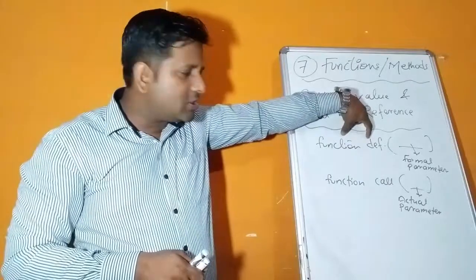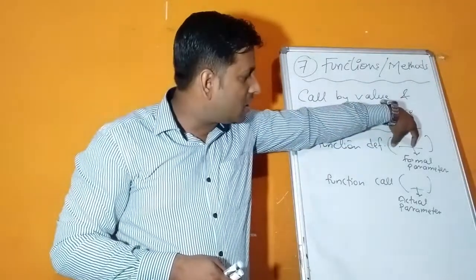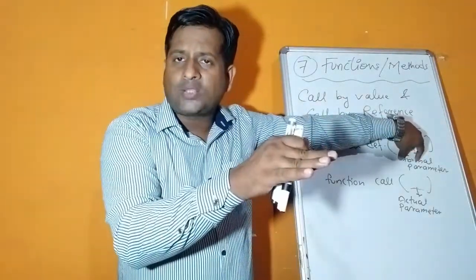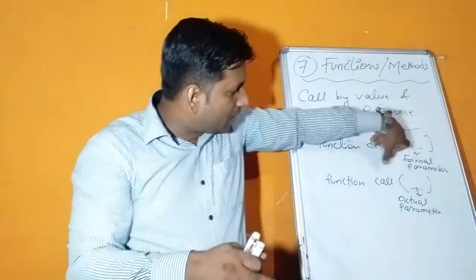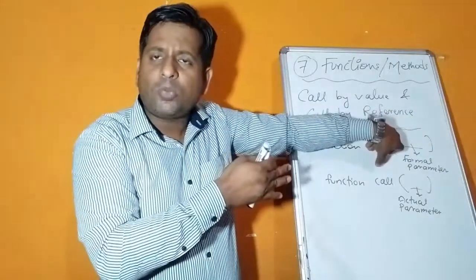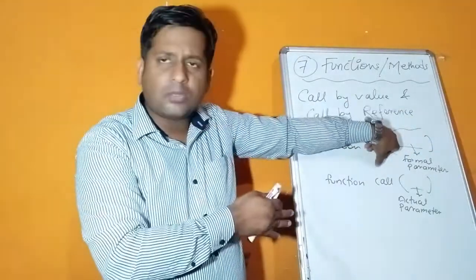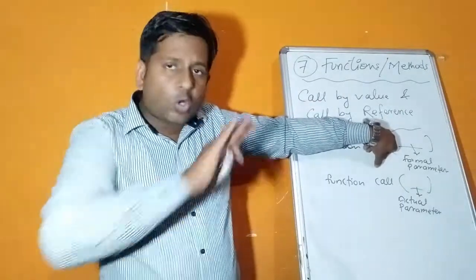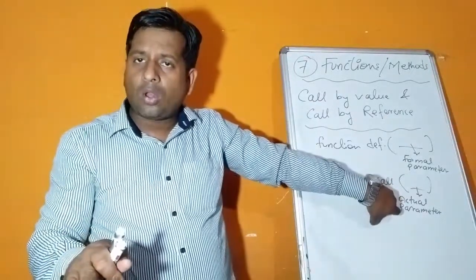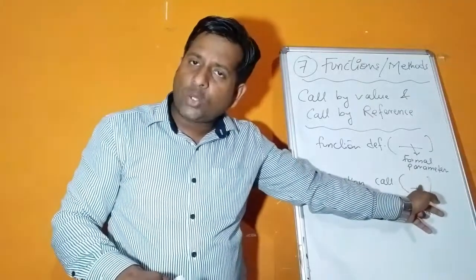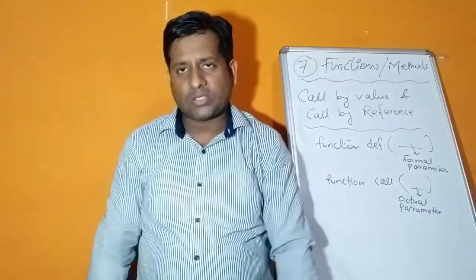And in function definition, the parameter used is a formal one, just a copy of the actual one. So whatever changes you make in the formal parameter or function definition are not going to affect the function call.